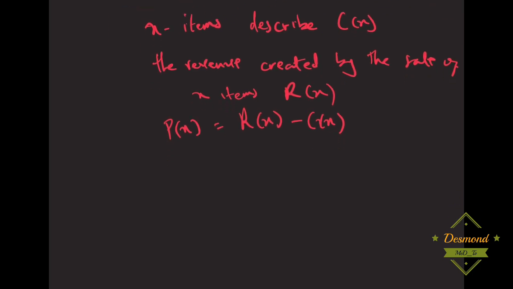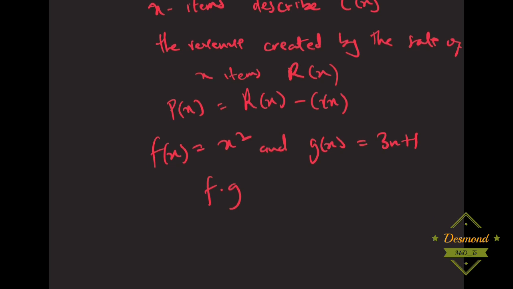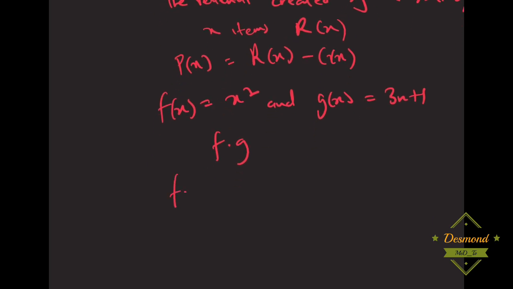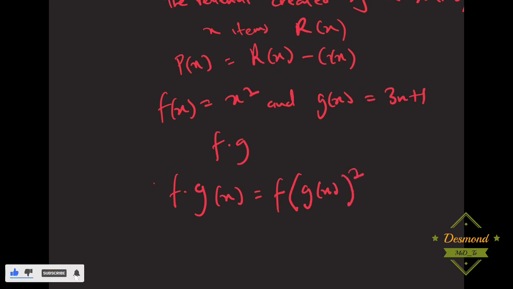Given the function f of x equal to x squared and g of x equal to 3x plus 1, the composite function f ∘ g can be defined such that f ∘ g of x will be equal to f of g of x, where g of x goes inside the bracket, squared, because we have the x squared here.